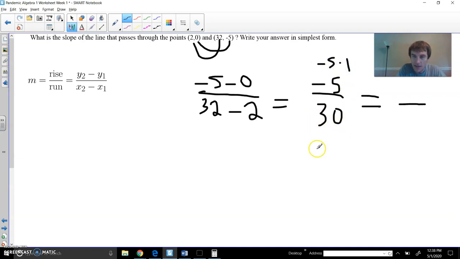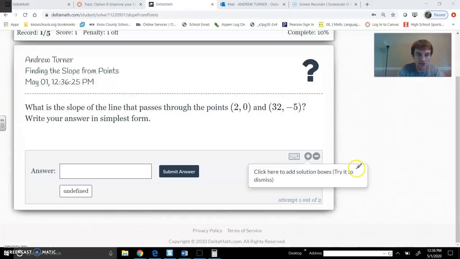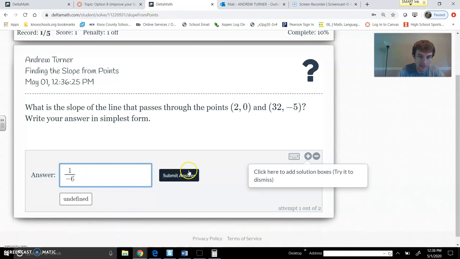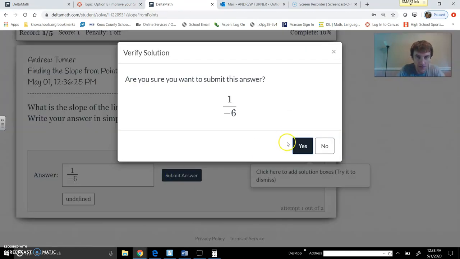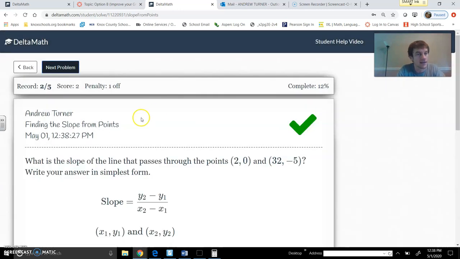And 30, that would be -5 times -6. And so when I think about they have -5 as a factor, they can cancel out and you're left with 1/6. And so I think that's the answer I'm going to attempt to type in here, 1/6. Let's submit my answer, and it likes it.